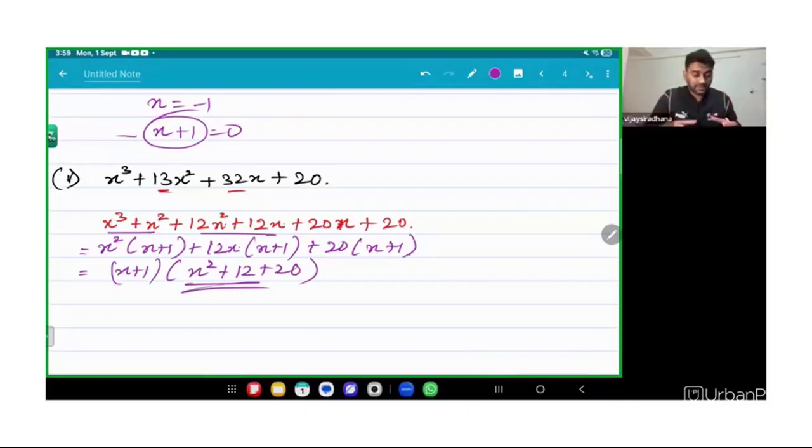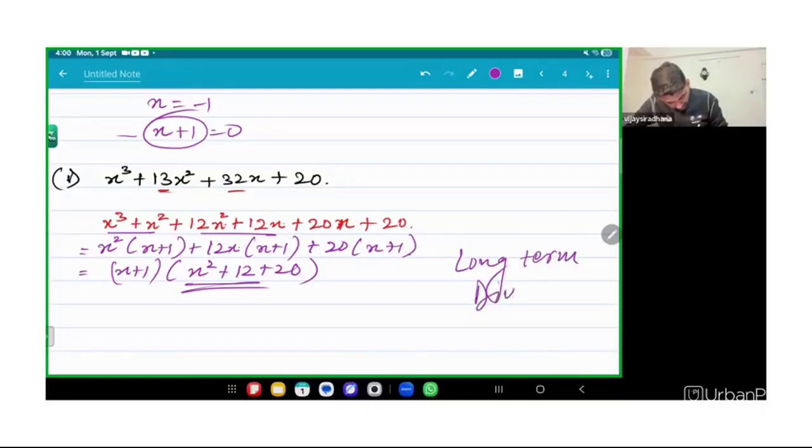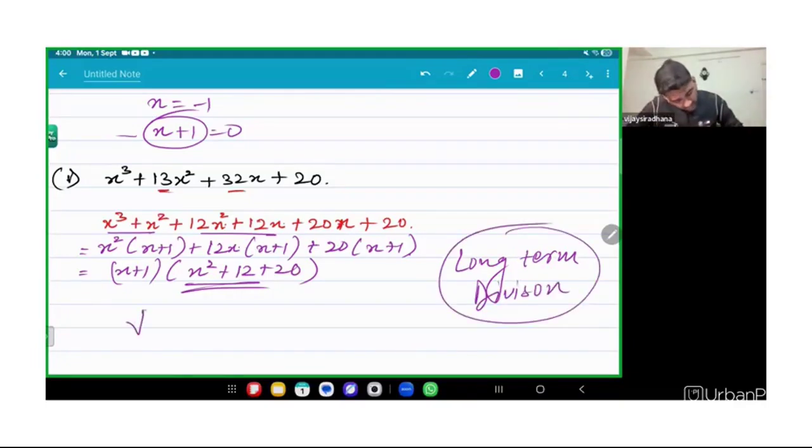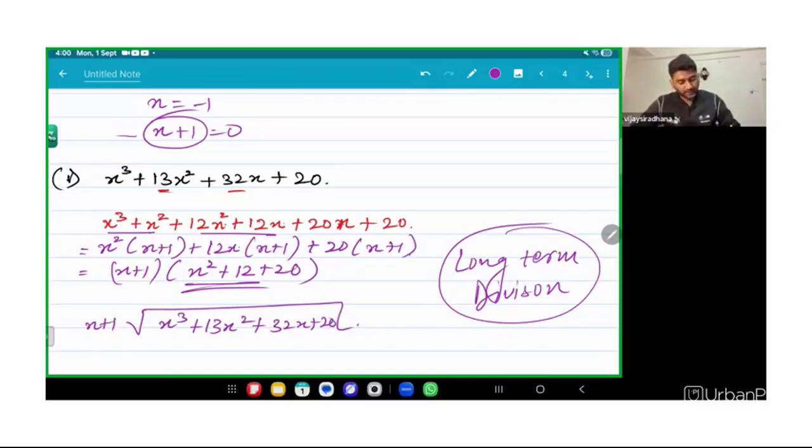If you won't be able to do this, then you can solve this problem with long division also. If you divide x cube plus 13x square plus 32x plus 20 by x plus 1, you will end up getting this as the quotient.